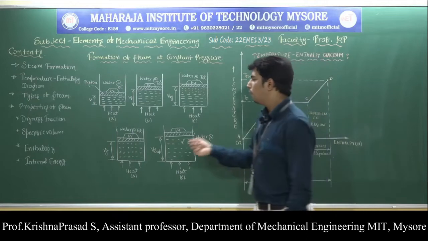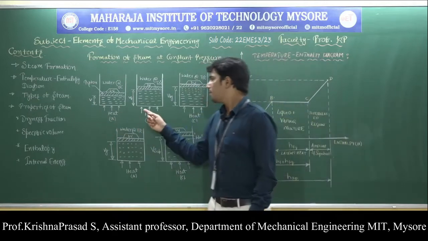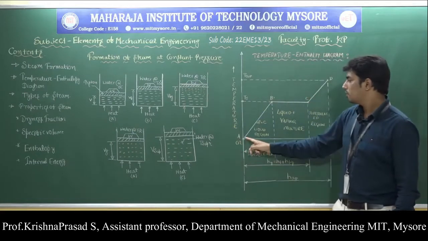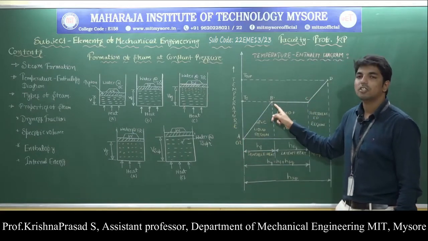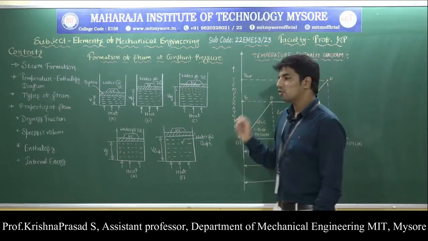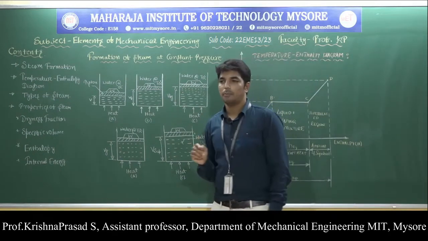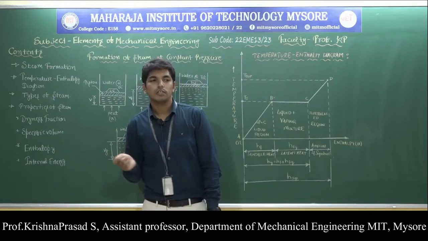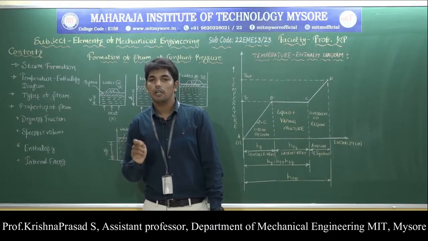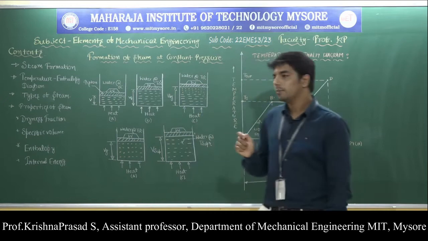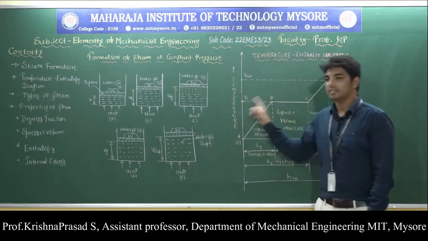Next, when water is heated, its temperature slowly rises until the water starts to boil. Then what is the temperature when water starts to boil? That is called the saturation temperature. The definition of saturation temperature is the temperature at which water starts to boil, and it is denoted by Ts.